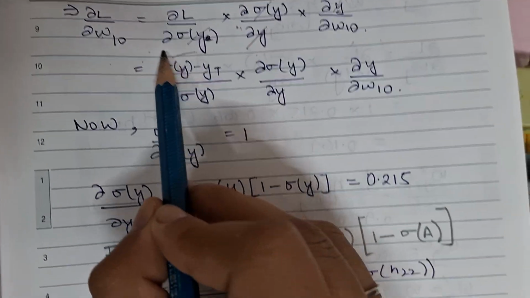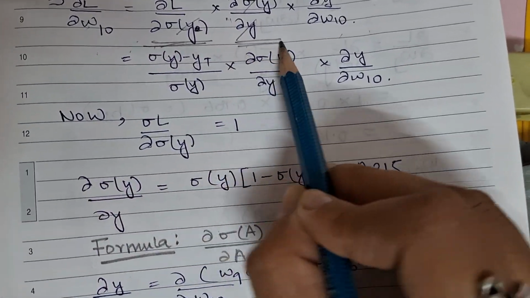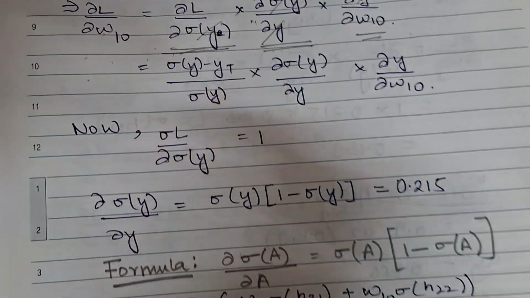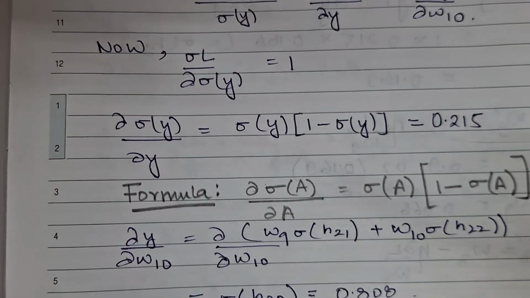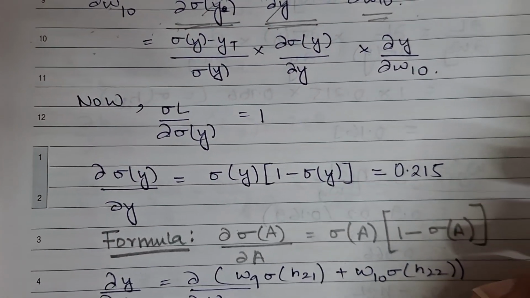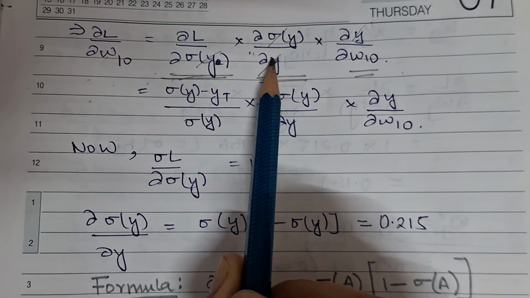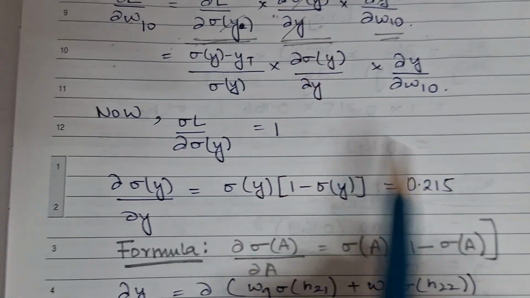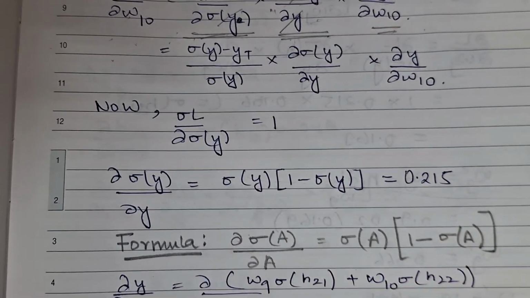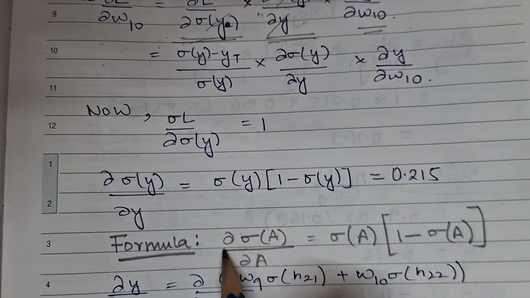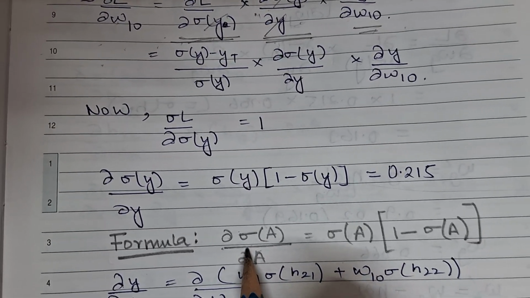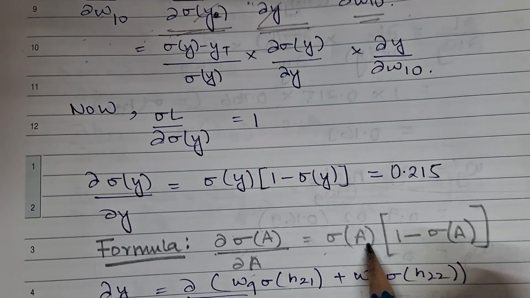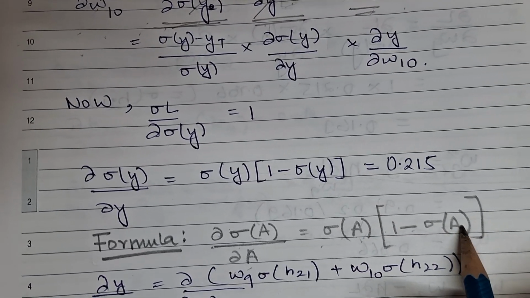Now we just have to calculate each of these terms to get our del L by del omega 10. Another important factor in calculating del sigma Y by del Y is the formula that we will be using. The derivation of that formula we will see later, but in short, del of sigma of anything by del of anything is equal to sigma of anything multiplied by 1 minus sigma of anything.